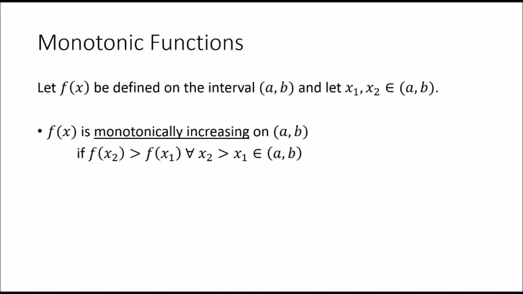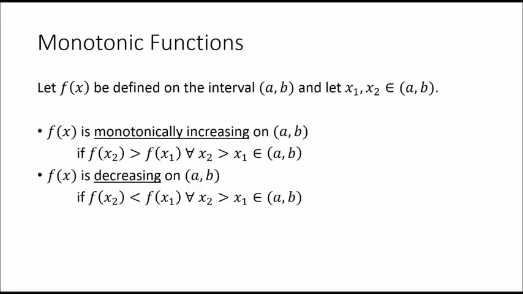The concept is simply that no matter which pair of points you pick, the larger of the two values of x produces the larger value of the function. Monotonically decreasing is the same concept, except that big values of x2 produce little values of f of x2.